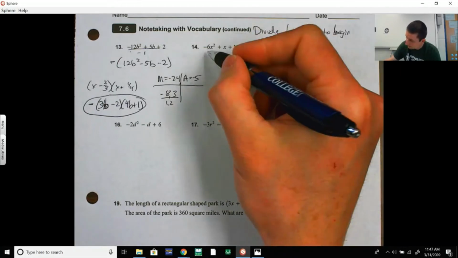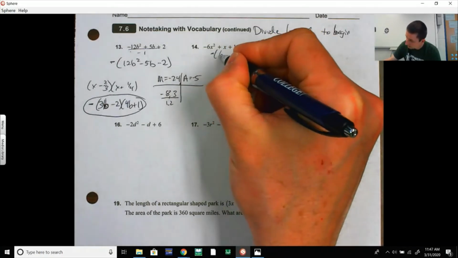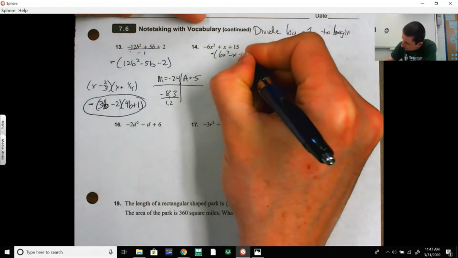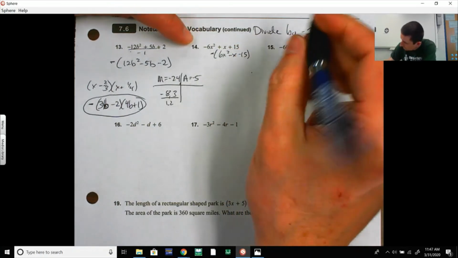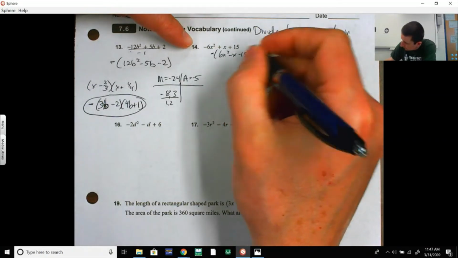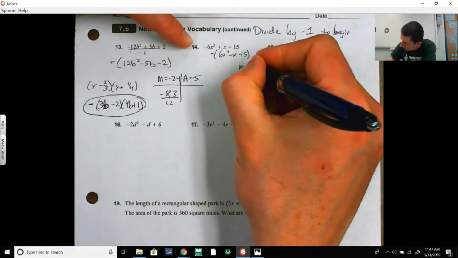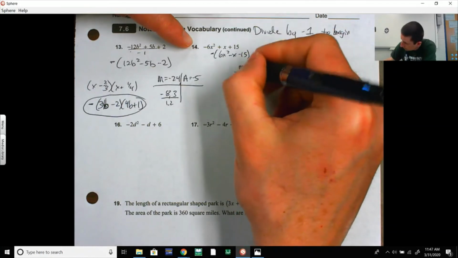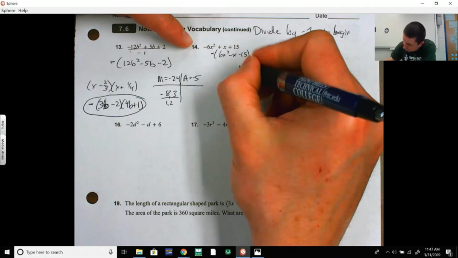Okay. Divide by negative 1, so I get negative 6x squared. Hey, they're using x's. Minus x minus 15. So what multiplies 6 times negative 15? That'd be negative 90, and it has to add to negative 1. So 1 away, that would be 9 and 10.